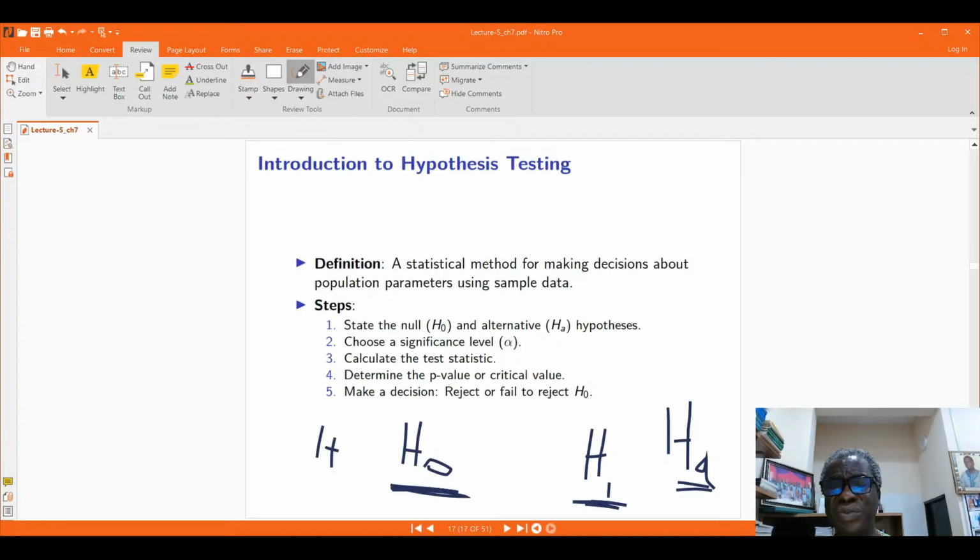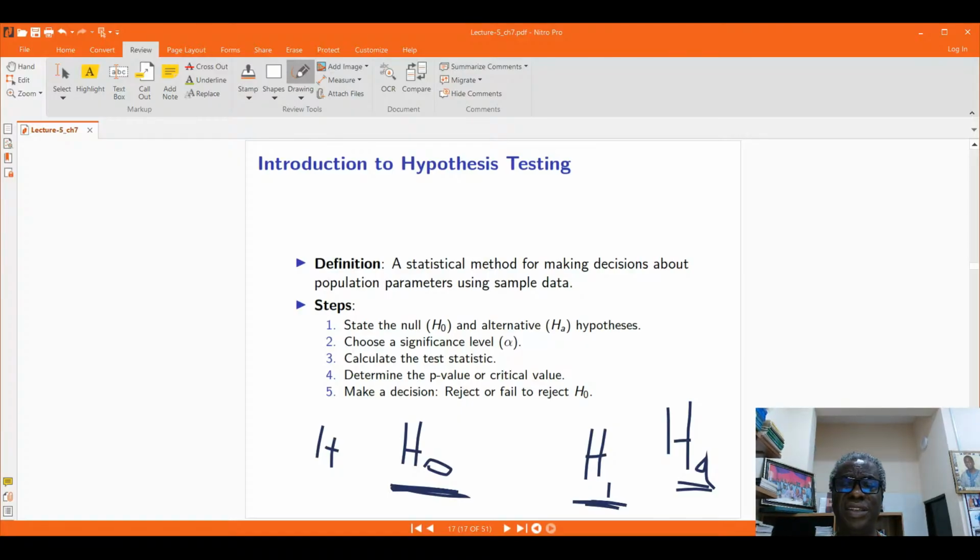Those are two options in terms of decision. But the hypothesis that we are focusing on under the decision is the null hypothesis, though it has implication on the alternative.